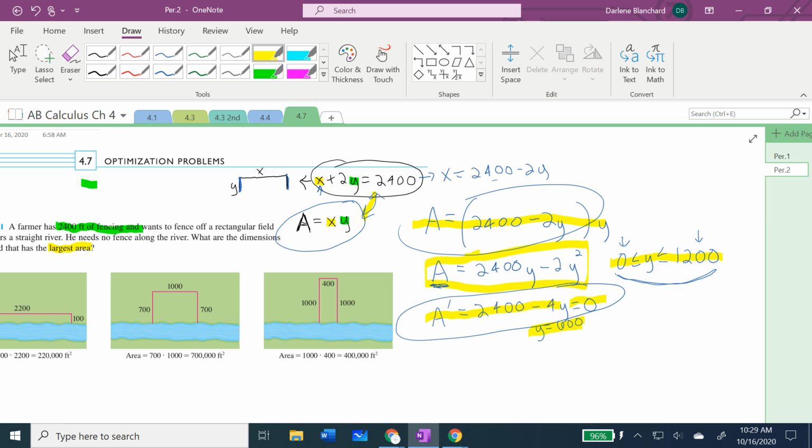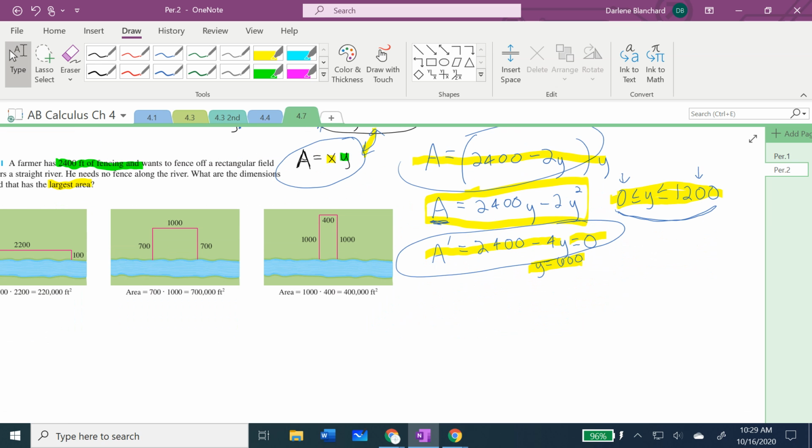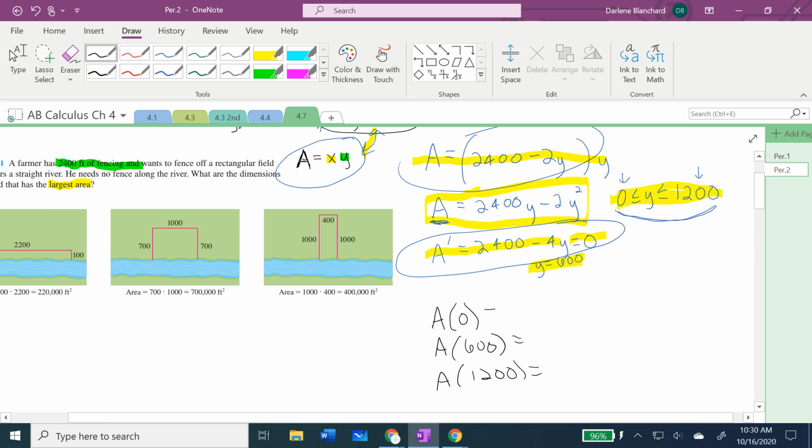To justify, you need to know something about the domain of the input variable. Then from there, in this particular situation, it would be sufficient if you said area for y value 0, area for y value 600, and area for y value 1200. And write down the 3 areas you get.